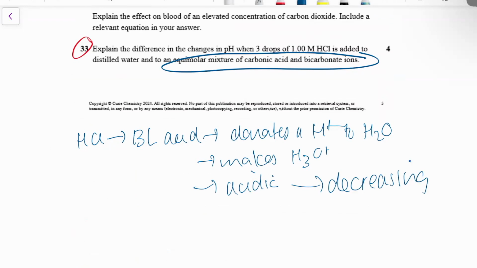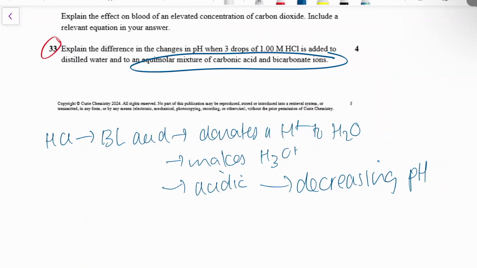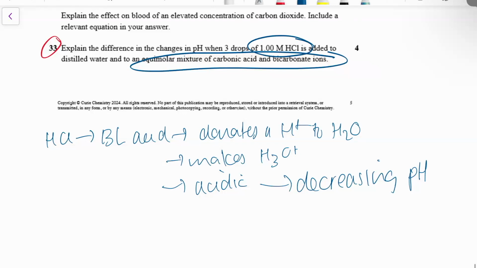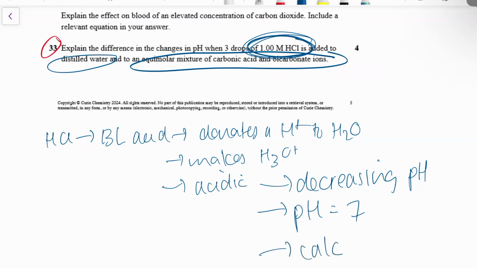Now we can make this a bit more specific. You could calculate what's the pH at the start if it's water: pH of 7. And then could you calculate the pH when you add the HCl? Yeah, you could. pH is negative log base 10 of H plus, and then sub in the 1 mole of HCl.